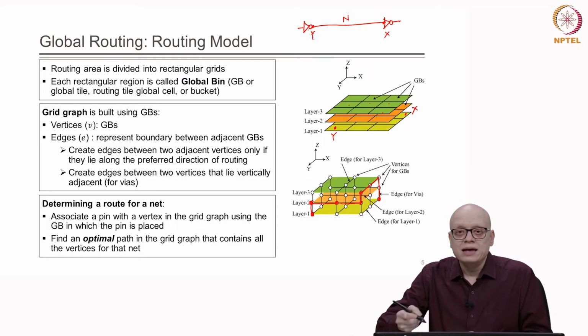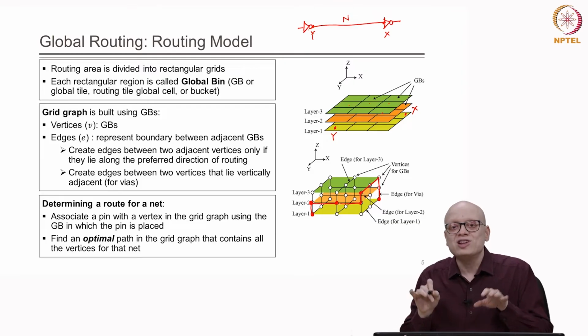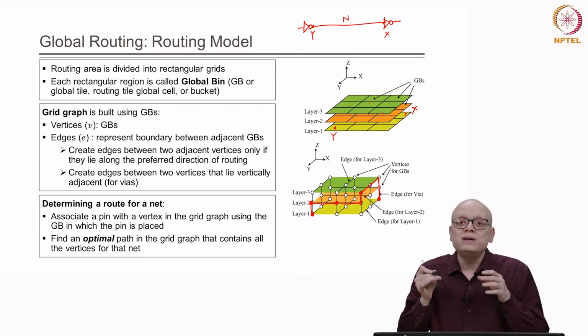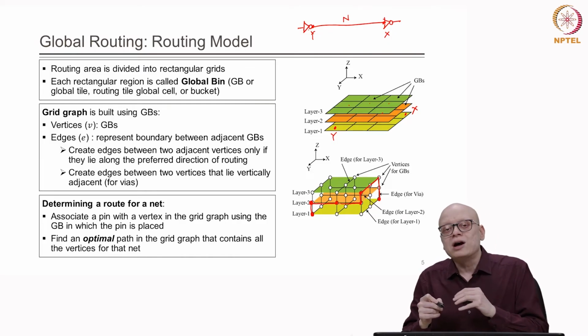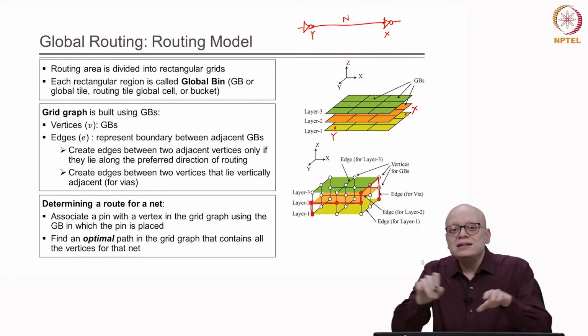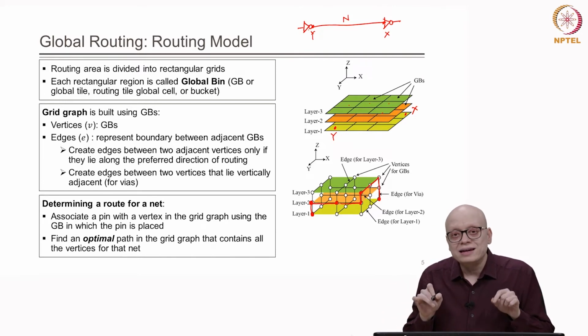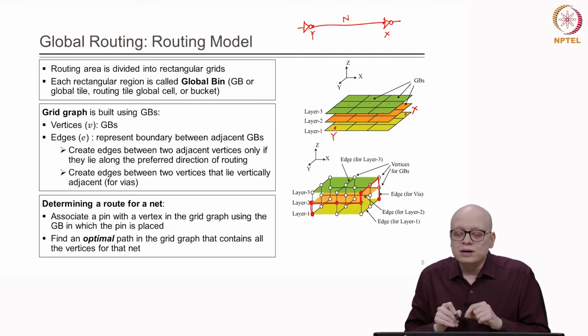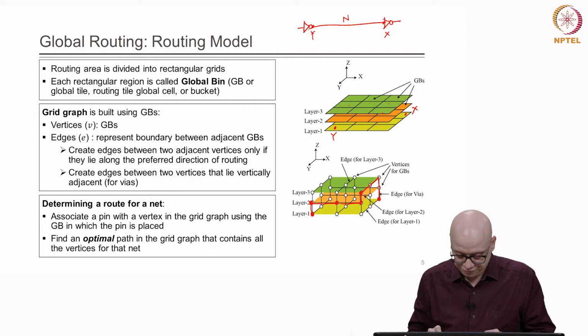This may not be optimal, but I am showing it for the purpose of illustration. Similarly, it will do routing for the other nets also, and for all the nets in our design, the global router will find a solution.